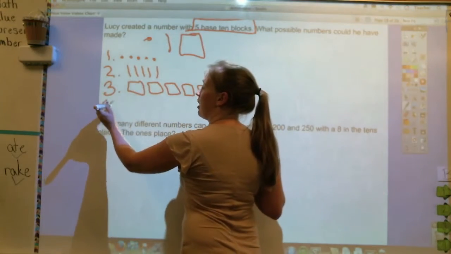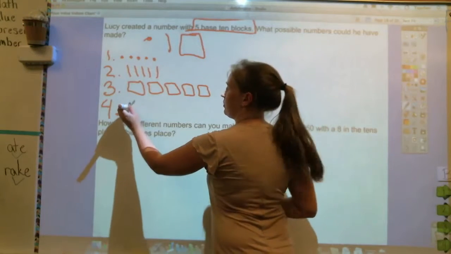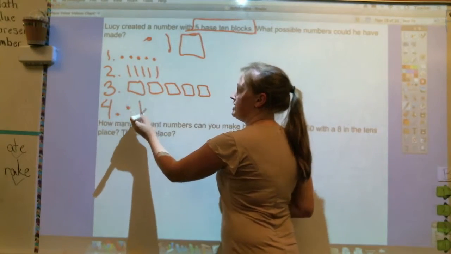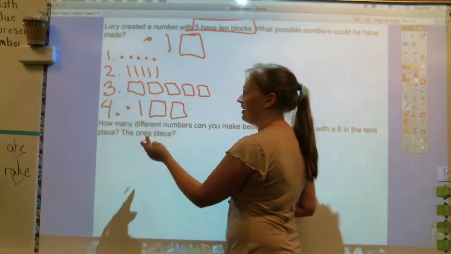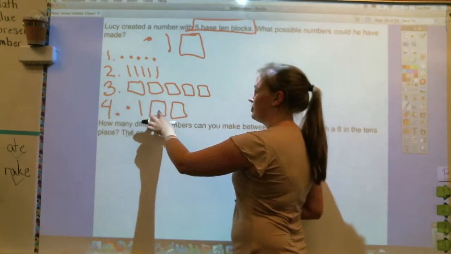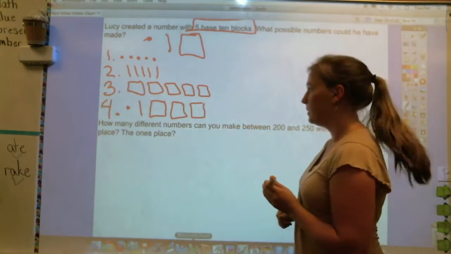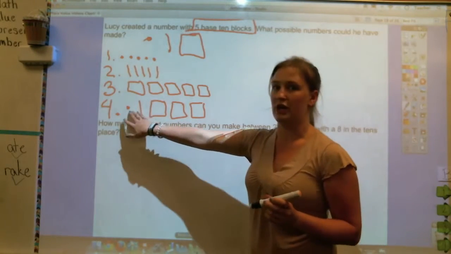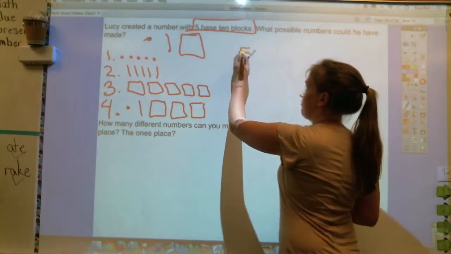But she also could have had 1 ten, 100, maybe another 100, and that's only 4. 1, 2, 3, 4. So maybe she had 300s. So right now I have 311, and now she might have number 5.